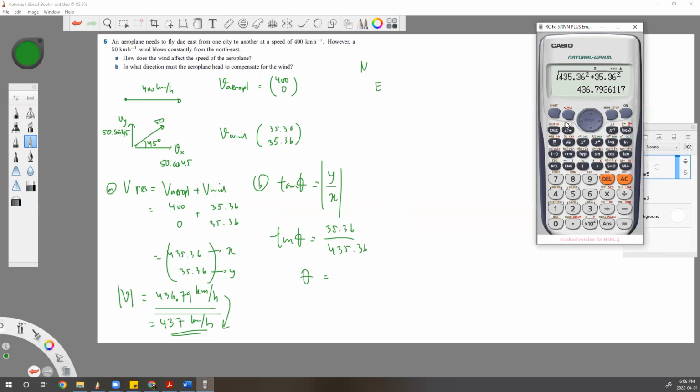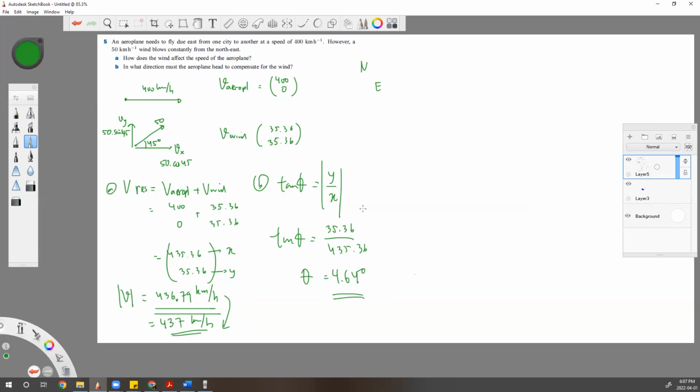I'm not sure about this, but let's try. I think it's about 5, or 1 over 10, near 6 or 7. Okay, just find the answer. 35.36 over 435.36 gives 4.64. What's the answer?